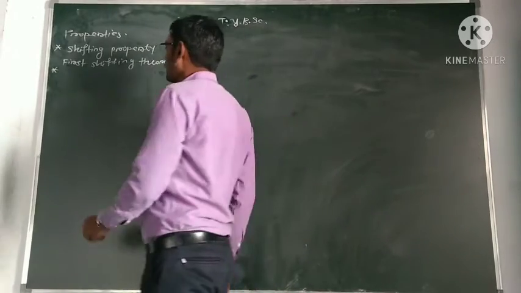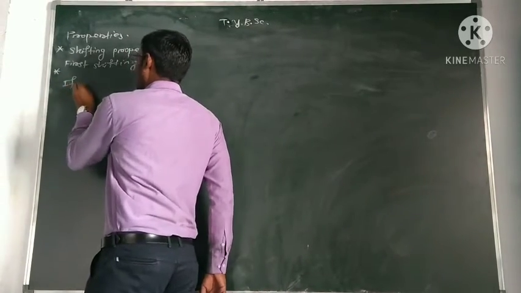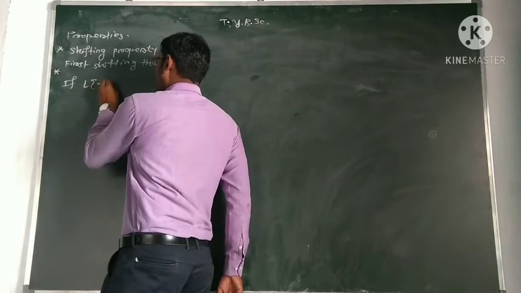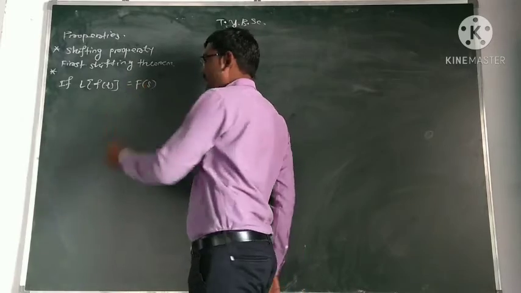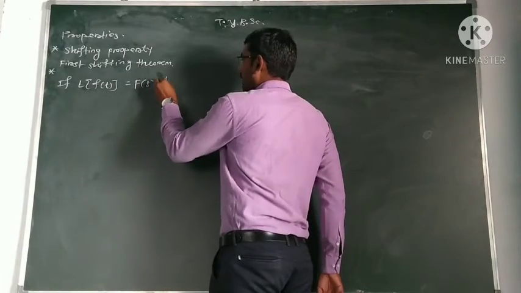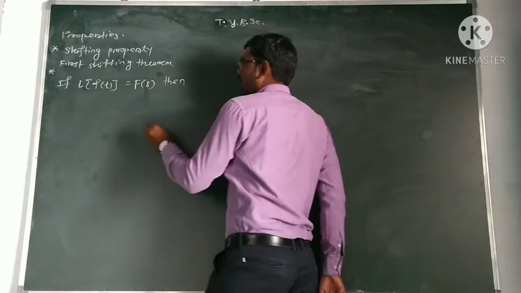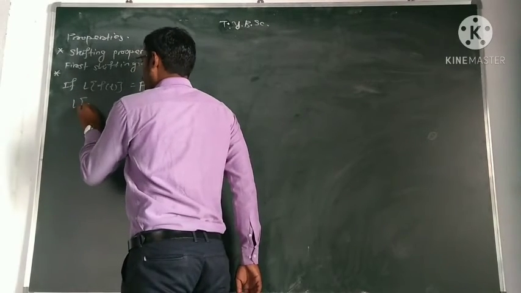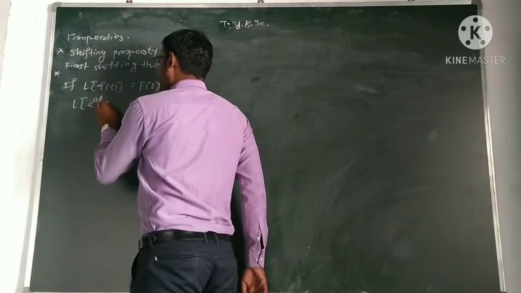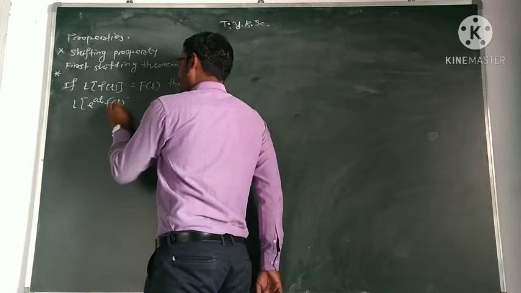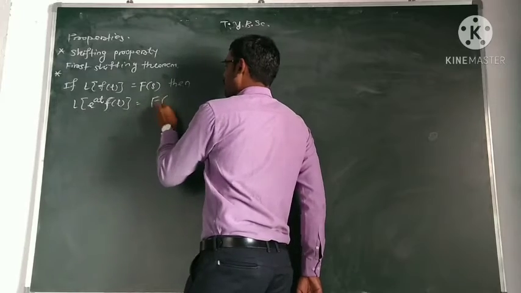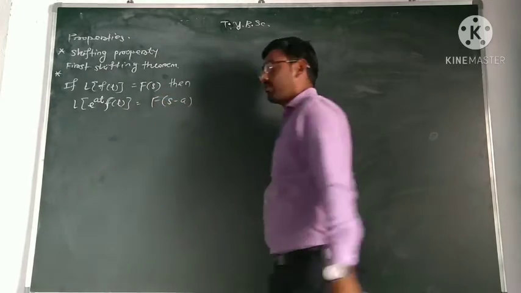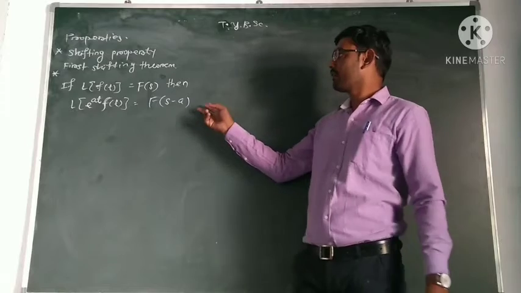The theorem is: if Laplace transform of f of t is equal to F of s, then Laplace transform of e raised to power at into f of t is equal to F of s minus a. This is the shifting property.